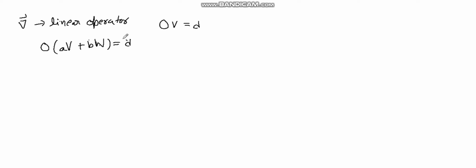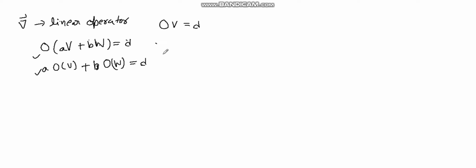Or instead we operate on V first and then multiply with A, and sum that result with B times the operation on W. If we operate this way, then again we will get the same result D. So these two expressions will be equal.